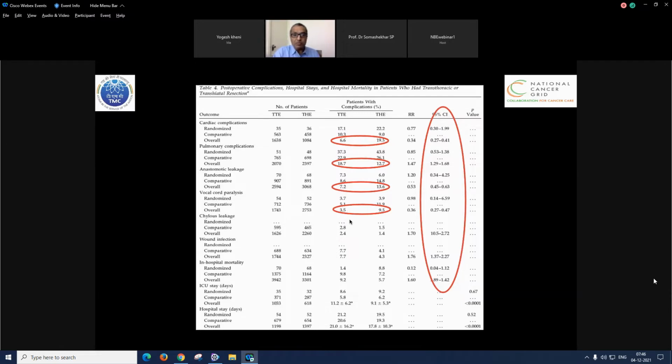When you look at vocal cord palsy, a transhiatal again has a higher incidence, probably because the anastomosis is in the neck, and during mobilization of the esophagus in the neck, you might injure the left recurrent nerve. Whereas in an Ivor Lewis, because you don't go in the region of the left recurrent, you don't end up damaging the nerve.